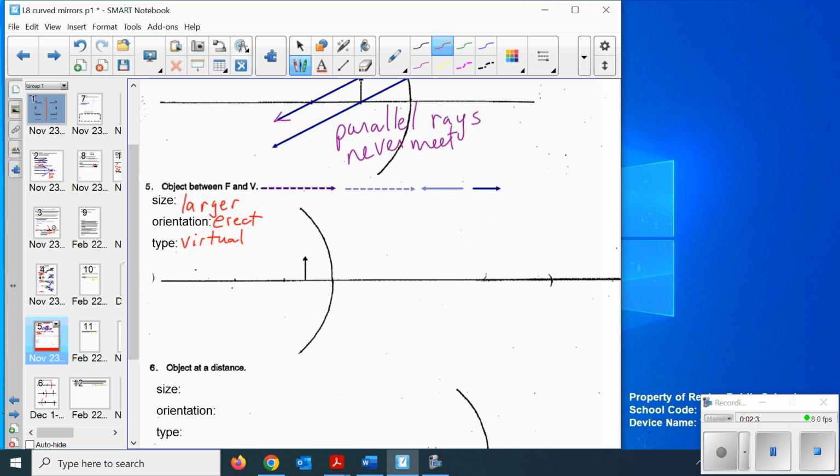How can we predict where our virtual image is? Another object there. We'll use these rules. I'll tell you which rule. Actually, I'm going to just use a dotted line. I'll do the full rule and then we'll see.